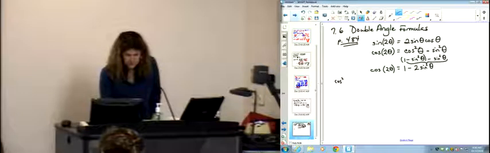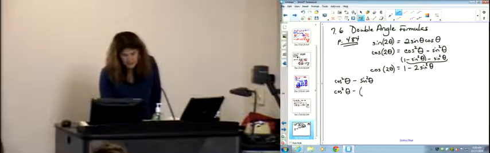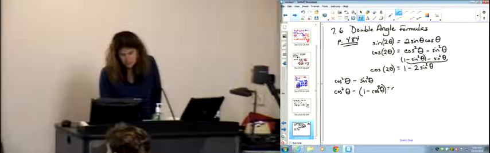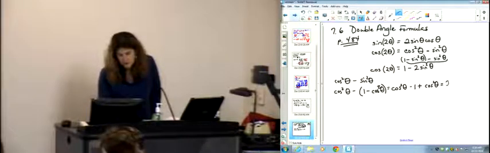Another thing we could do where it says cosine squared theta minus sine squared theta, that's the same as cosine squared theta minus (1 minus cosine squared theta), which would be cosine squared theta minus 1 plus cosine squared theta, which is 2 cosine squared theta minus 1.